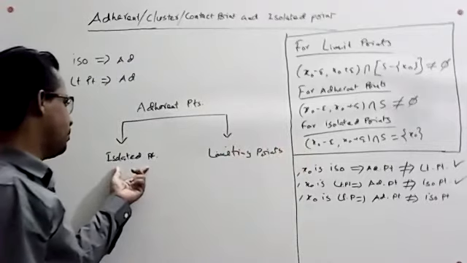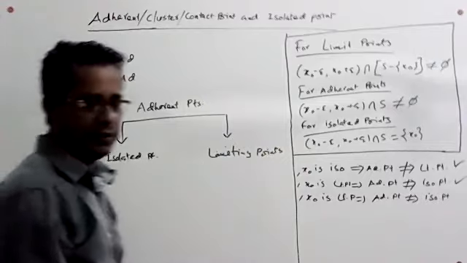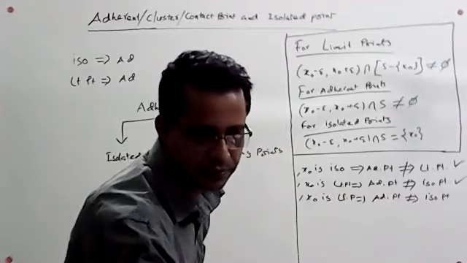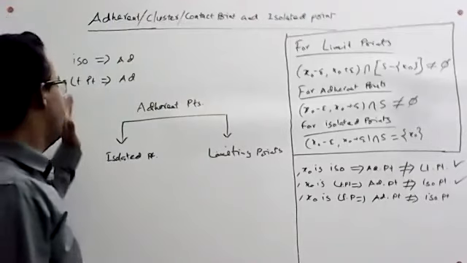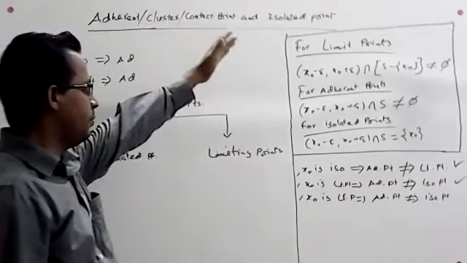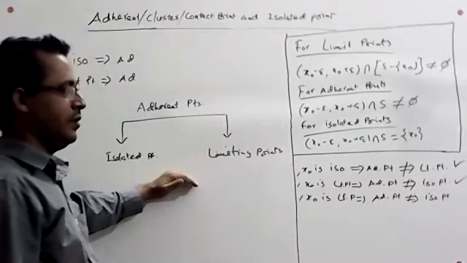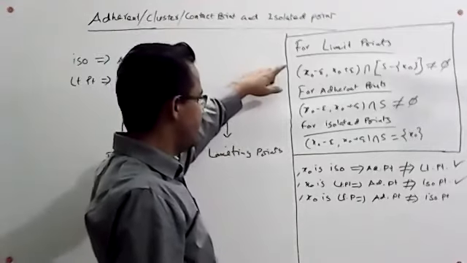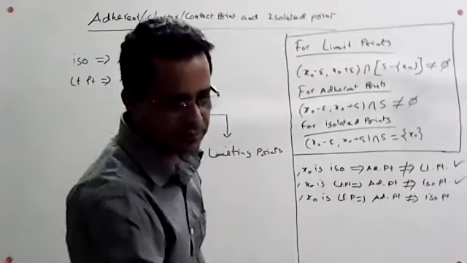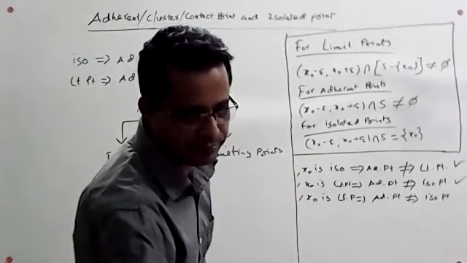One is isolated points, and the other is limiting points. These are the distinctions among adherent point, isolated point, and limiting point. They are very close, but there are some specific differences among them.